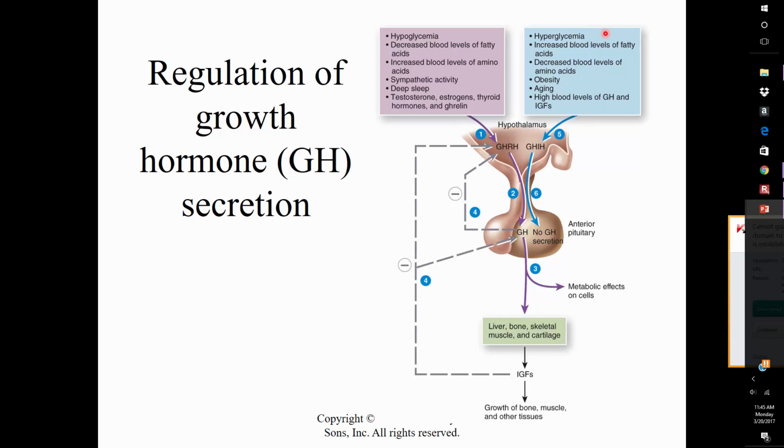If we have plenty of glucose around, if we have low levels of amino acids, if we have low levels of growth hormone releasing hormone and growth hormone, then we're going to lower our IGF and we're going to have less growth. So we have a very complicated system, here's our first tier, here's our second tier, here's our third tier. And the thing that's really being regulated by negative feedback is the third tier. What's the level of growth? What's the level of IGF? You don't want too much and you don't want too little.